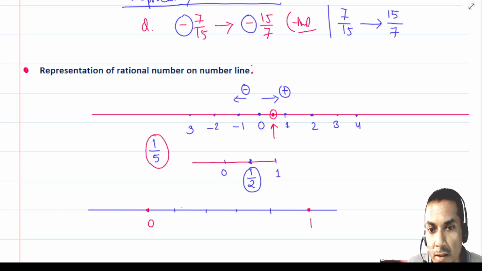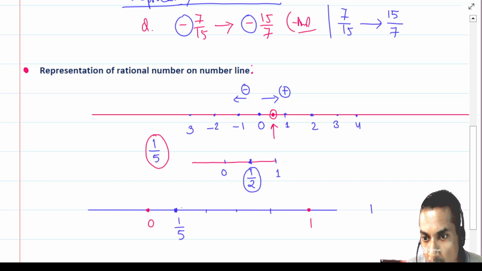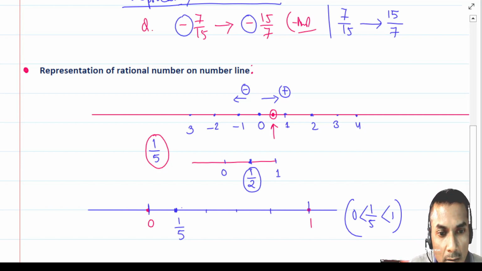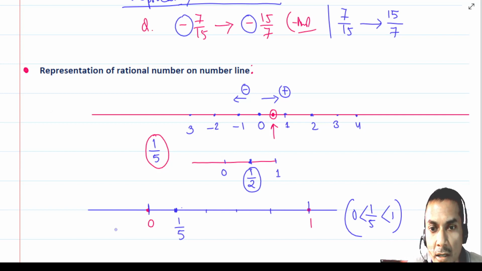Next, each division is actually 1/5. So this will be the 1/5. Clear? Because 1/5 is less than 1 and greater than 0. You must remember this. So this is the way to put any rational number on the number line. Clear?